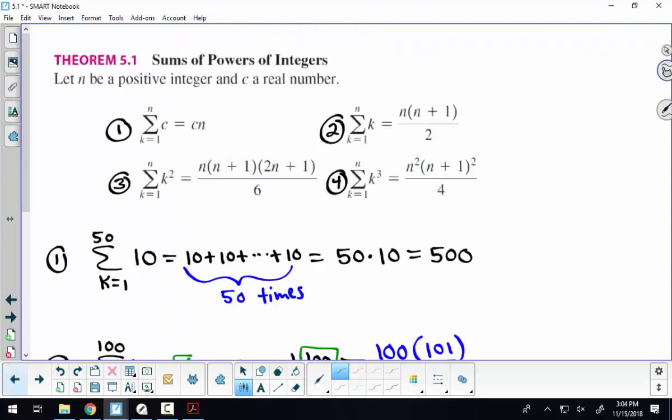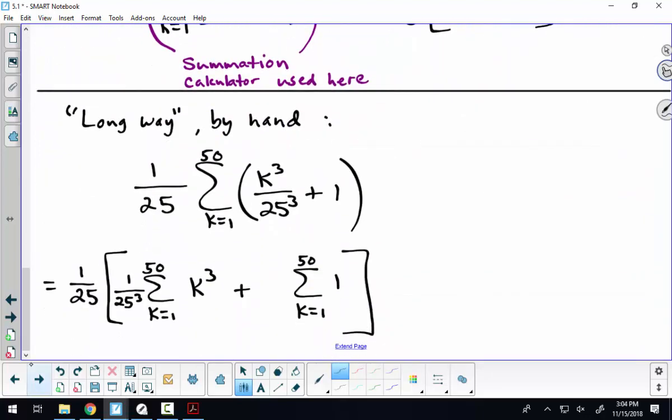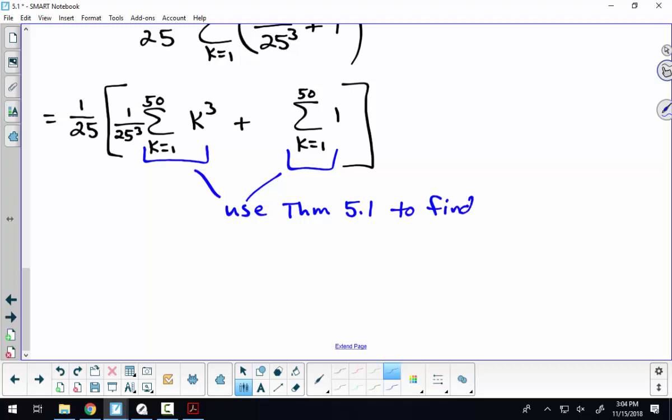We have a formula for this sum and we have a formula for this sum. I don't know what it was called. Theorem 5.1. We have that 1 over 25 as our delta x times this 1 over 25 cubed.